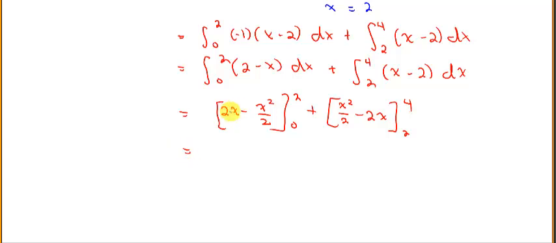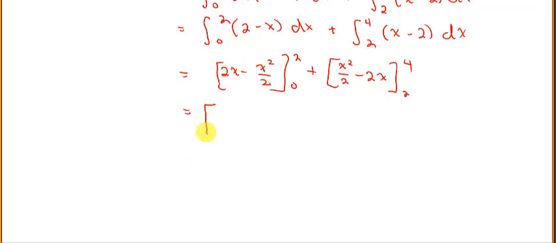Evaluating this at 2, I'll get 2 times 2, which is 4, minus 2 squared is 4, divided by 2 is 2. And then when I evaluate it at 0, I'm going to get just 0. 2 times 0 is 0, 0 squared over 2 is 0.